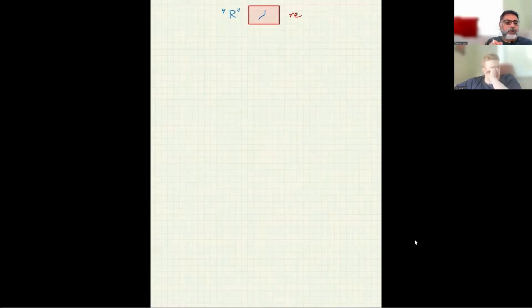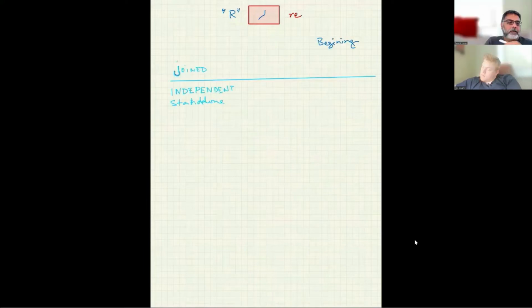Independent. So there are two forms. It usually shows up independently, standalone in a letter, and sometimes it's joined up. So our first example, when it shows up at the beginning of a word, our re, our letter R, I'm going to write it here, and this is re.